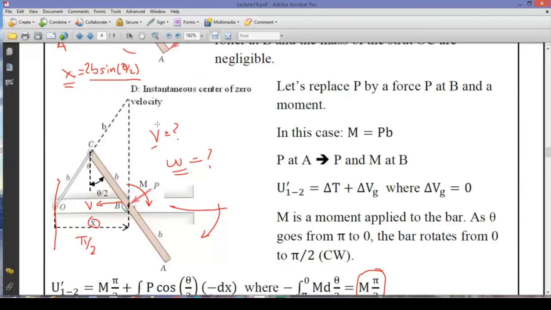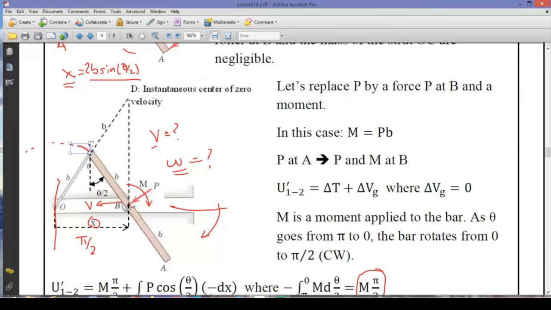And the instantaneous center of zero velocity for this coupler link can be found because we already know the C point of this coupler is doing a circular motion due to the motion of this crank. Its velocity will be in the perpendicular direction, and perpendicular to its velocity vector, we can draw a line here.